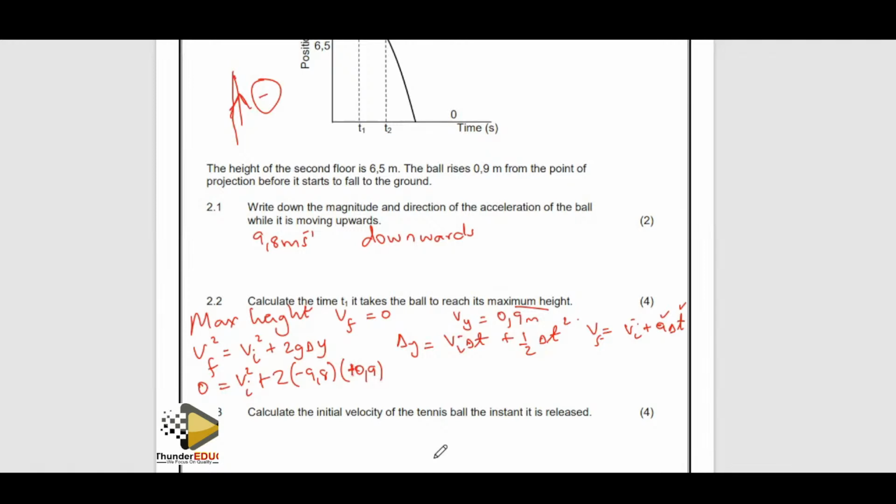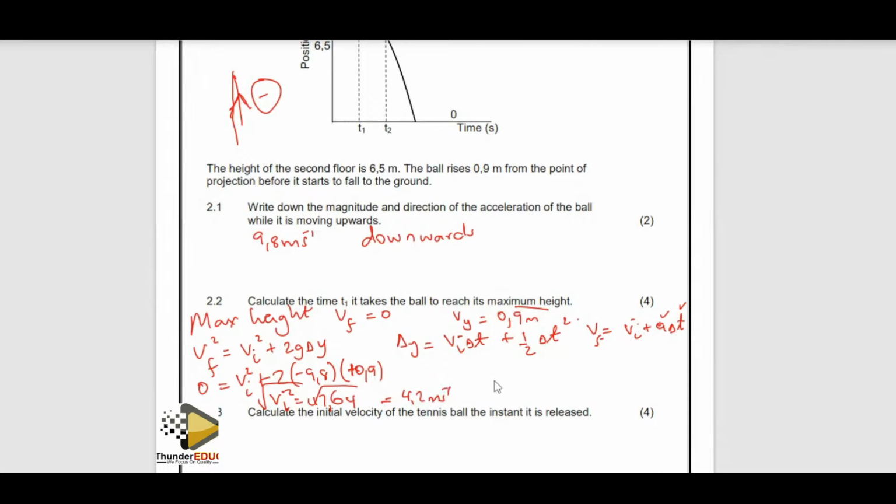That is 2 times 9.8 times 0.9, which gives me 17.64. When I transpose that, Vi squared is equal to 17.64. Find the square root. So the square root of the answer is 4.2 meters per second. So this is the initial velocity.